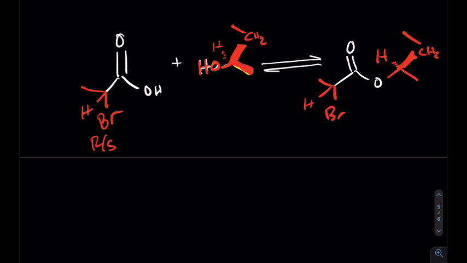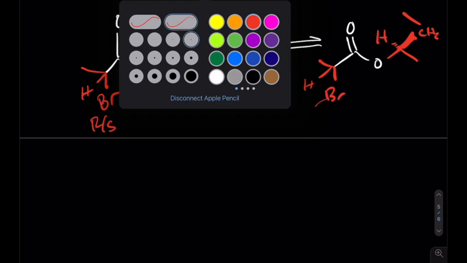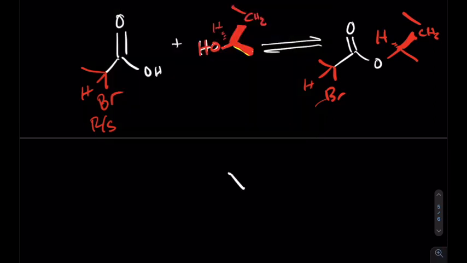Now, what this means is if I draw my two possibilities on this side, I have a compound that looks like this, where I have my Br coming out here, and that's my H over here.